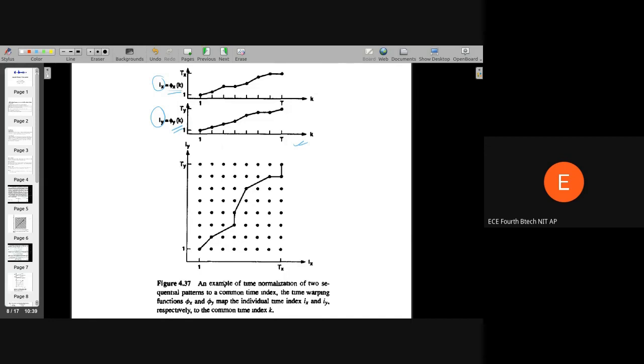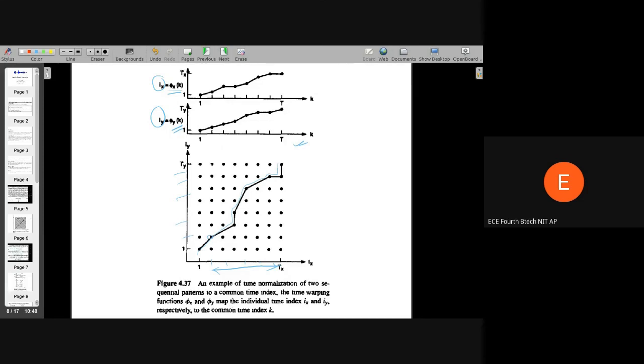And so you will compare those individual Ix points given by the phi x function with the Iy points given by the phi y function. And then you get a path. Some points, you see, will not be compared. Only some points will be compared.